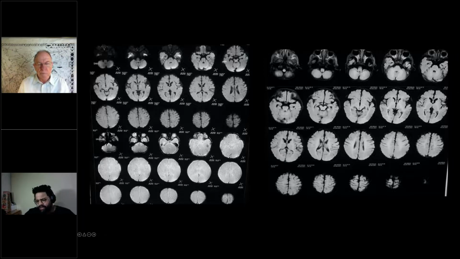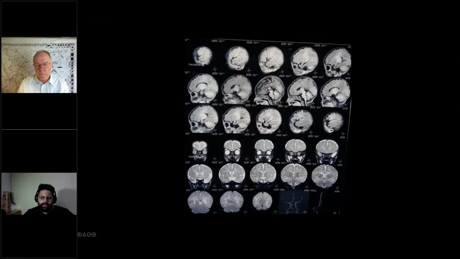Nothing on the slightly degraded GRE images, no focal areas of hemorrhage or calcification. On the FLAIR images, there is some prominence of the lateral ventricles, the atria. There is probably thinning of the corpus callosum, especially the splenium, but at 3 months it is pretty difficult to say because it is not completely myelinated and developed. I cannot find any other abnormalities in the deep brain nuclei, no volume loss. Sagittal images, there's probably some thinning of the corpus callosum.